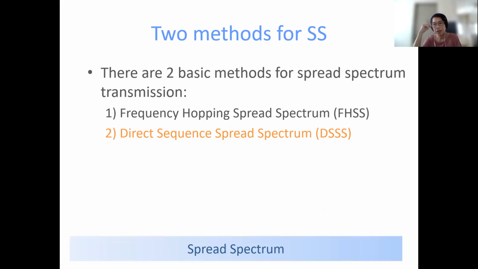And before the midterm exam, I taught you one technique called frequency hopping spread spectrum. What we can do with frequency hopping is that we have a bandwidth of signal already modulated with FC, the carrier frequency, right?